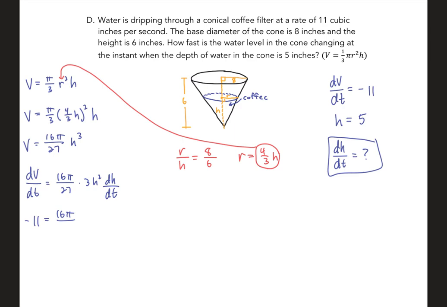And actually, I'm going to cancel these out. So that 3 and that 27 will become a 9. Okay, and then H is 5.